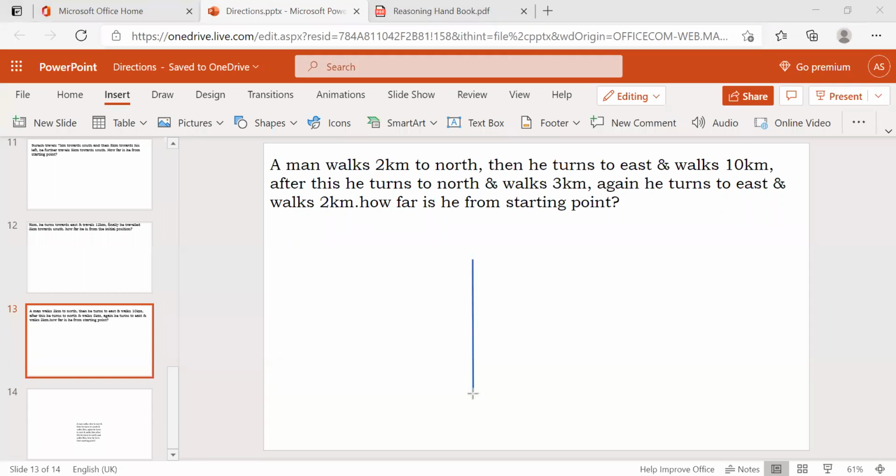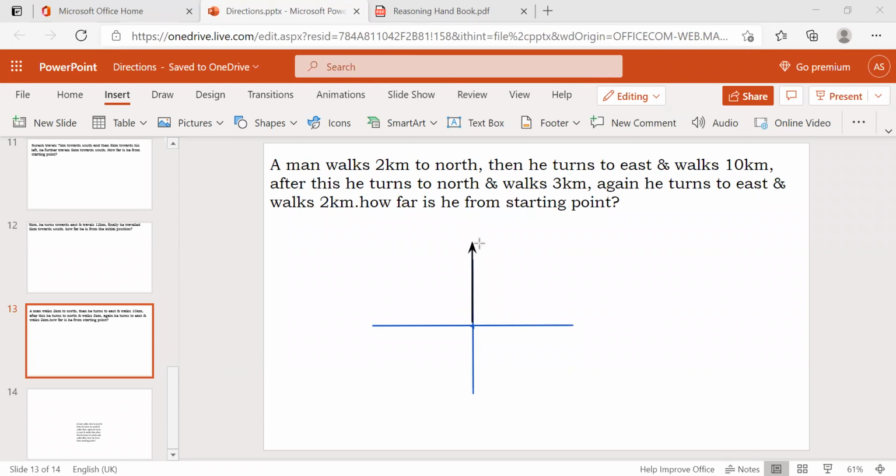So this is the origin point. A man walks 2 kilometers to the north. Okay, from here, 2 kilometers north.